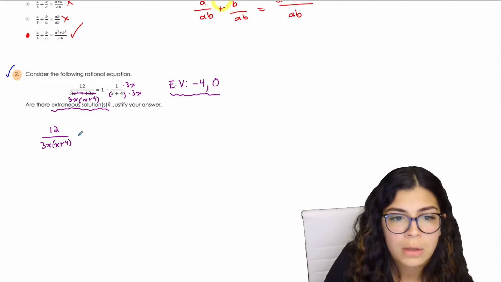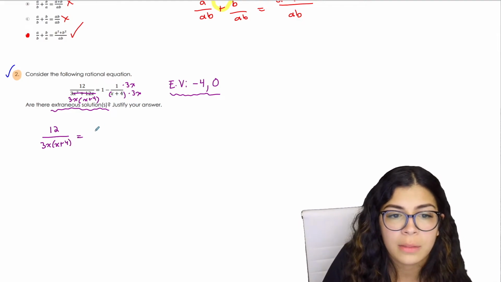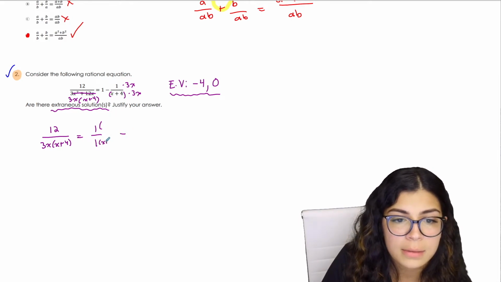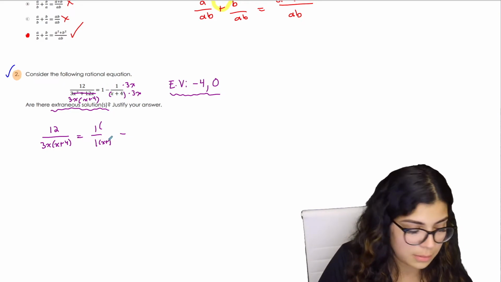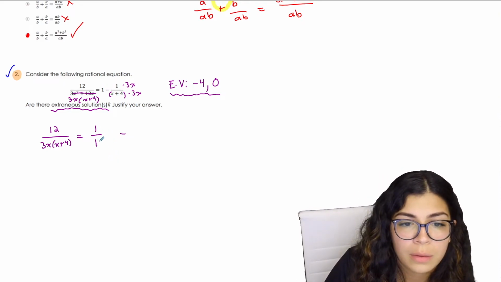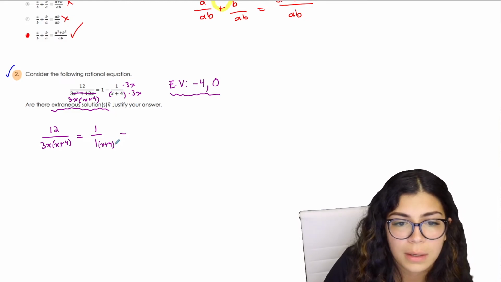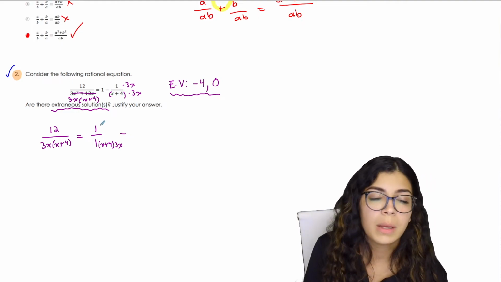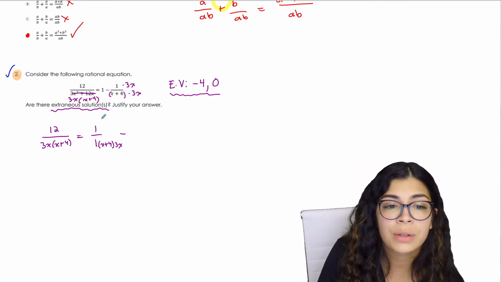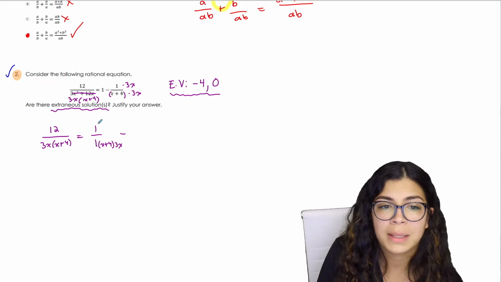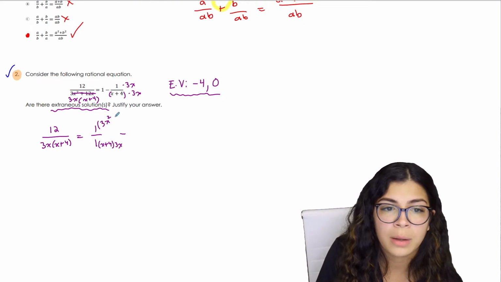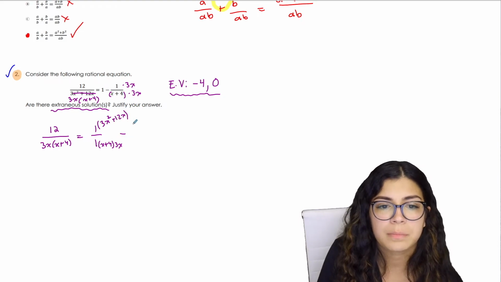So essentially, I'm multiplying the 1 over 1 by 3x times x plus 4. Now when I multiply that to the numerator, I am going to have to combine the numerators, so it will be easier to just multiply the simplified version of that, which would be 3x squared plus 12x.